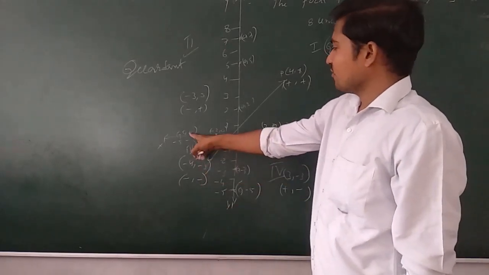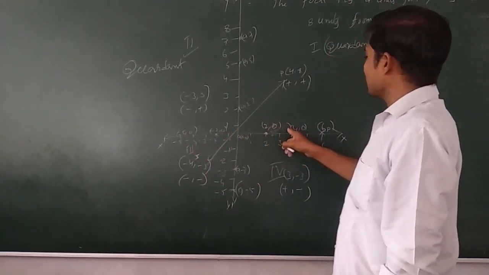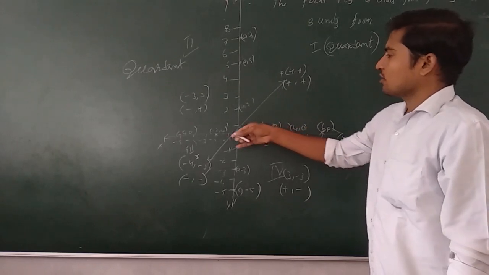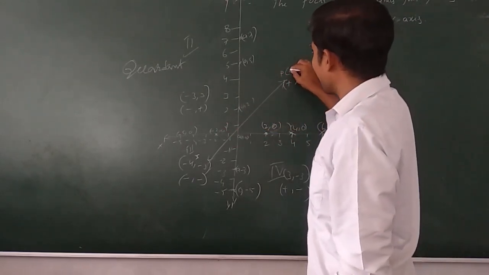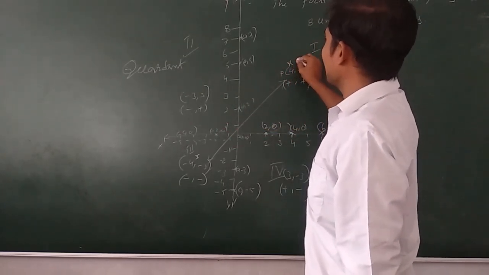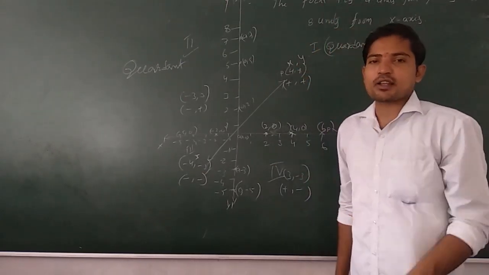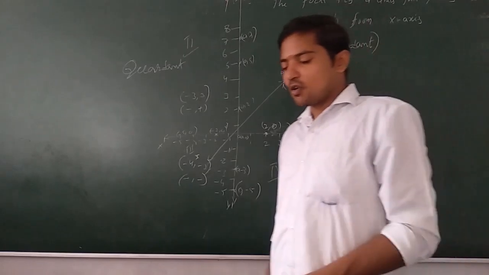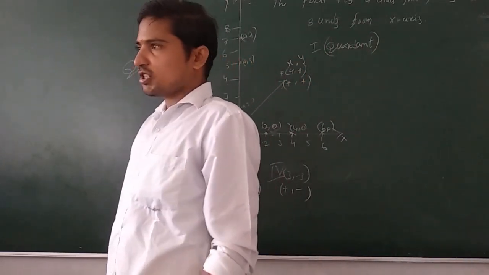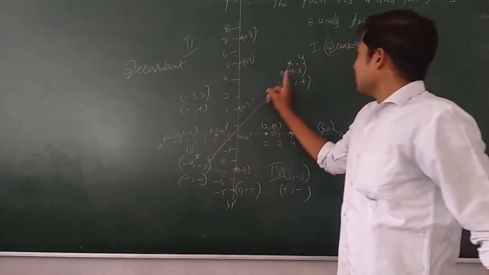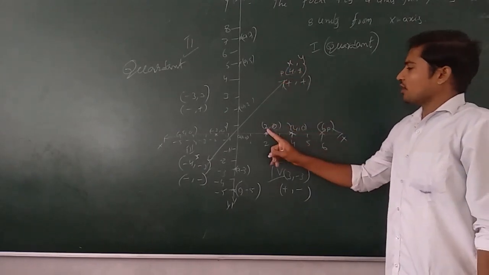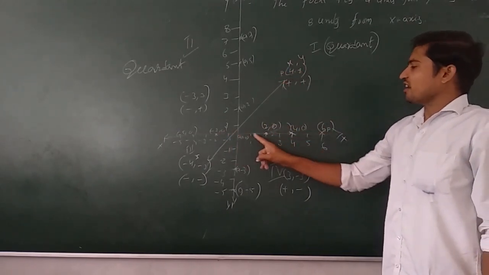Understand? The first coordinate is the x coordinate and the second coordinate is the y coordinate. The first coordinate is nothing but abscissa and the second coordinate is nothing but ordinate. See, here x coordinate and y coordinate, the point which lies on the x-axis.